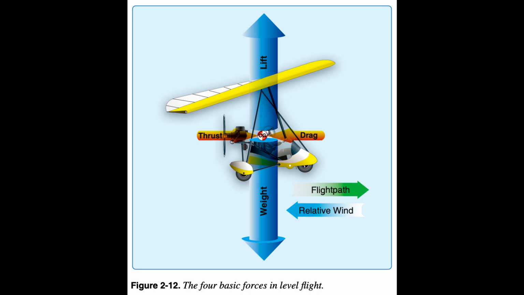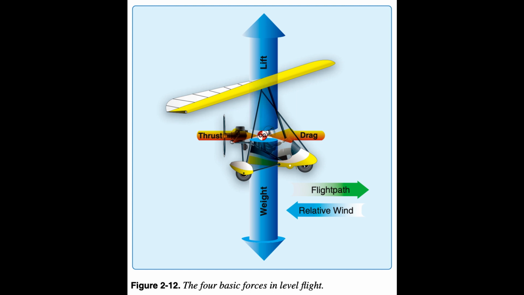Thrust, the forward force produced by a power plant/propeller as it forces a mass of air to the rear, usually acts parallel to the longitudinal axis, relative wind, and flight path. Drag, the aerodynamic force acting on the wing and carriage in the same plane and in the same direction as the relative wind.